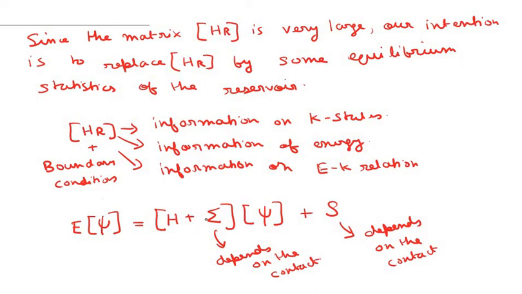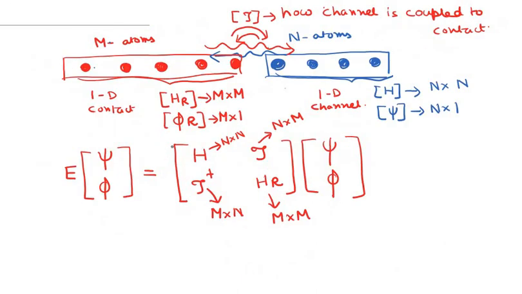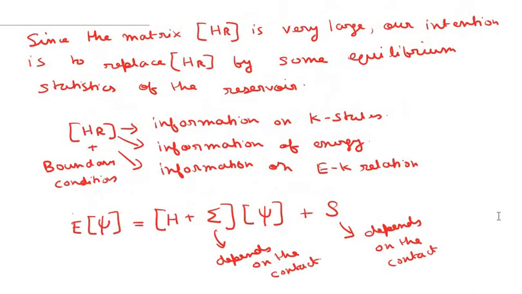So by defining these two matrices sigma and S, we have made the calculation simpler by reducing this entire matrix size to a smaller matrix size which has n cross n elements.